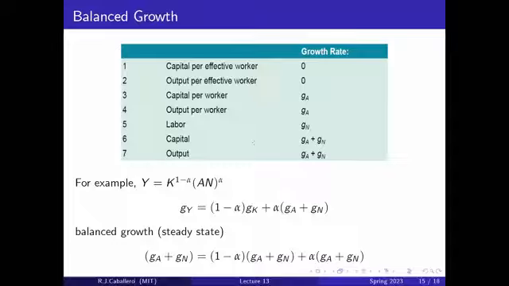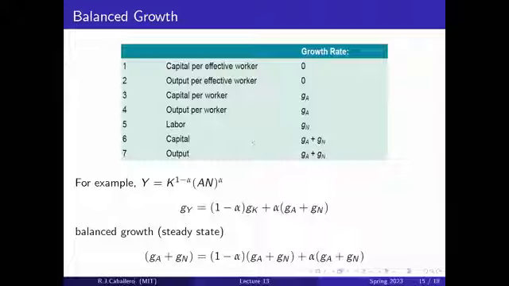Obviously, if we pick the right normalization here, it was effective workers, so productivity times population or workers. And if we normalize the variables by that, we get obviously zero growth. That's what it means to have a balanced growth in which all the relevant variables are growing at the same rate.